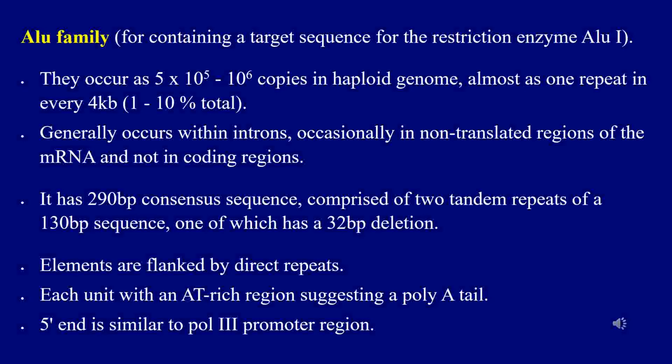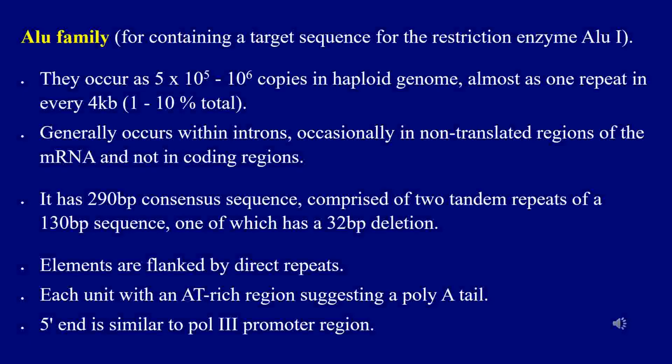It has a 209 base pair consensus sequence comprised of 2 tandem repeats of 130 base pair, one of which has again a 32 base pair deletion. These elements are flanked by direct repeats, I mean, on both sides of them there are direct repeats.